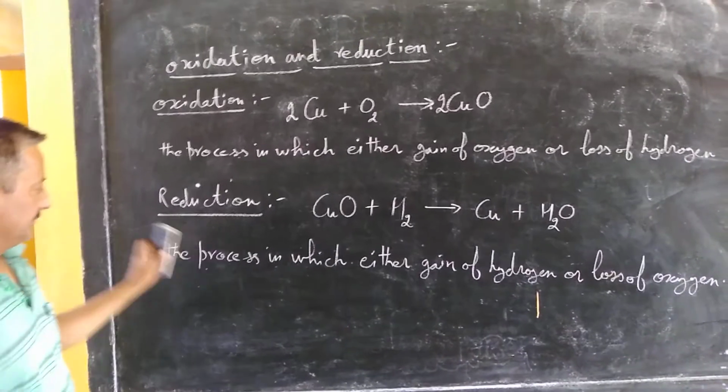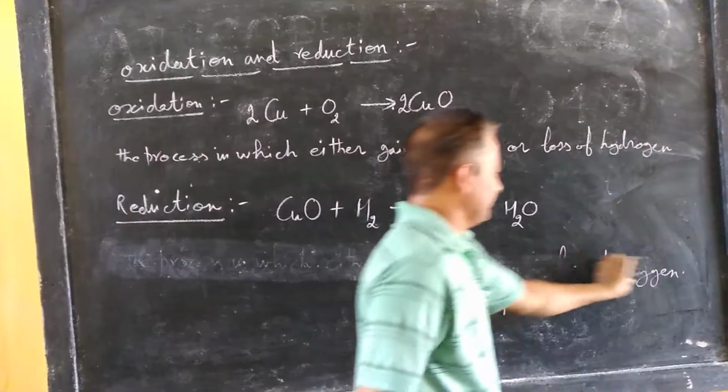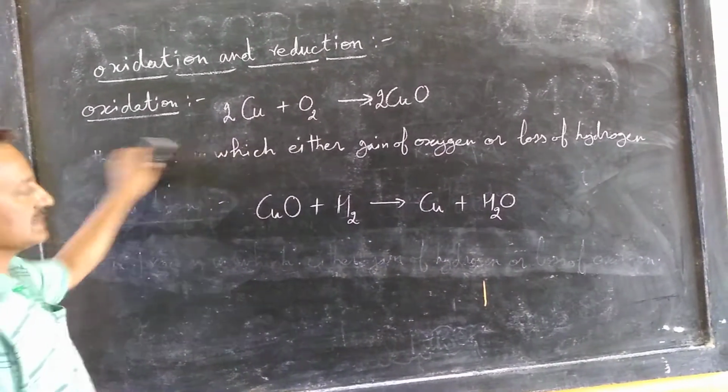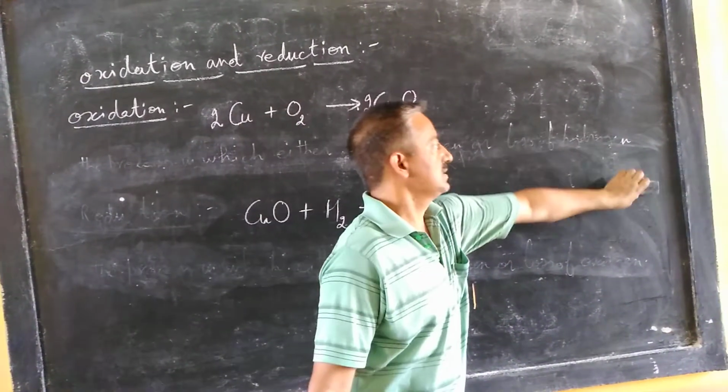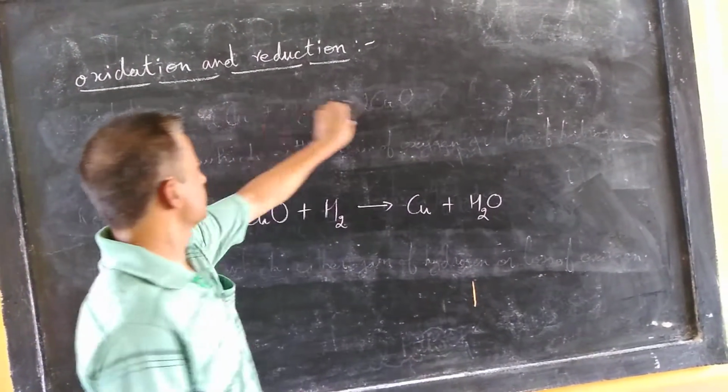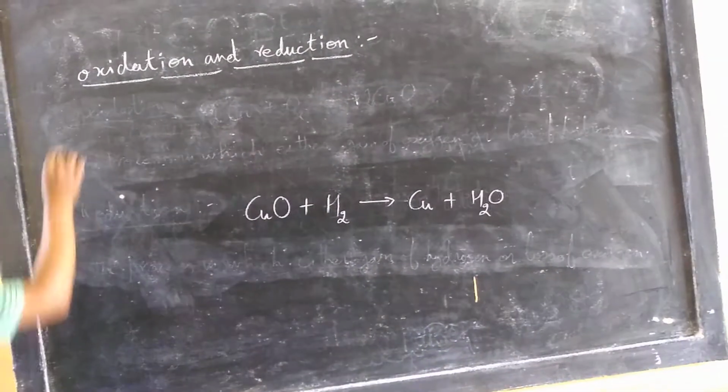Now one more thing. If we take such a reaction in which we can see both the processes, oxidation as well as reduction, then such a reaction is termed as redox reaction.